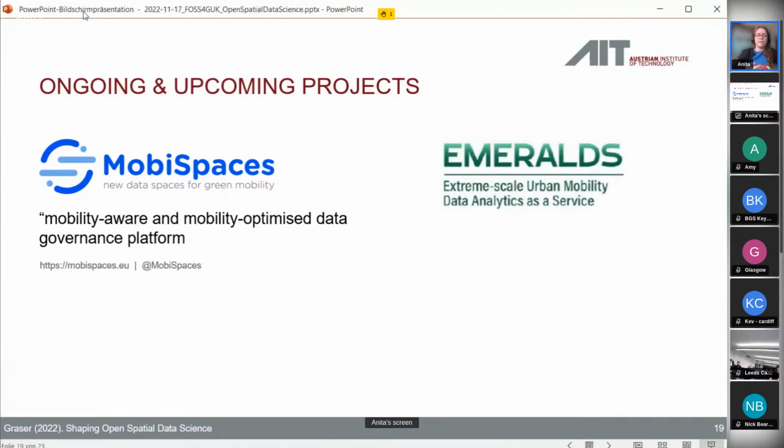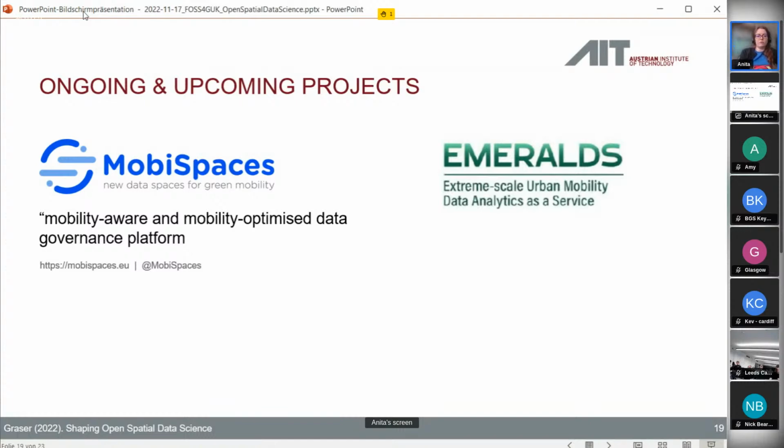We are trying to build a data platform for movement data, which provides processing capabilities and visualization capabilities that are designed with movement data in mind. And I hope this project, which just started in September, so there are not many results yet, will nonetheless provide a first prototype of what such a platform could look like for movement data.